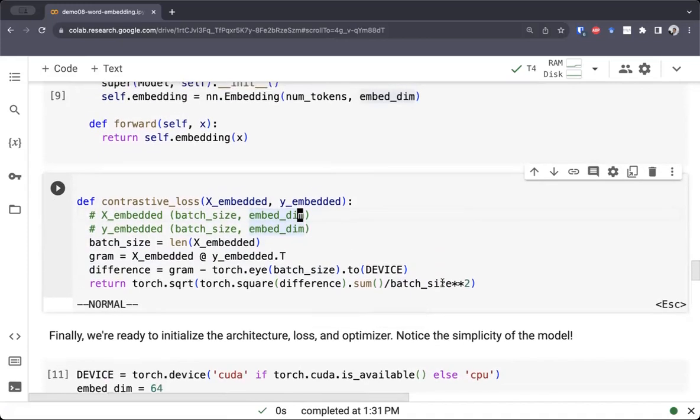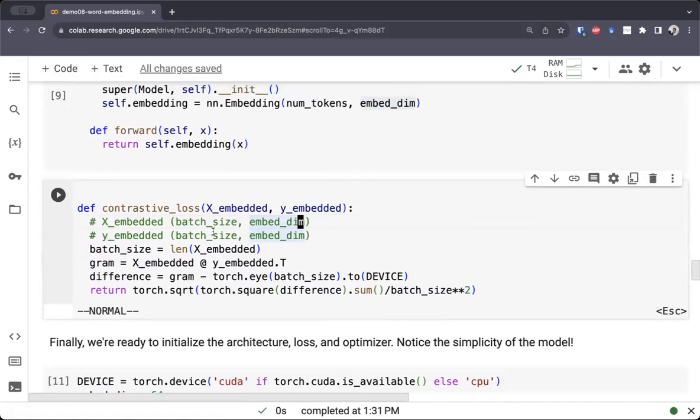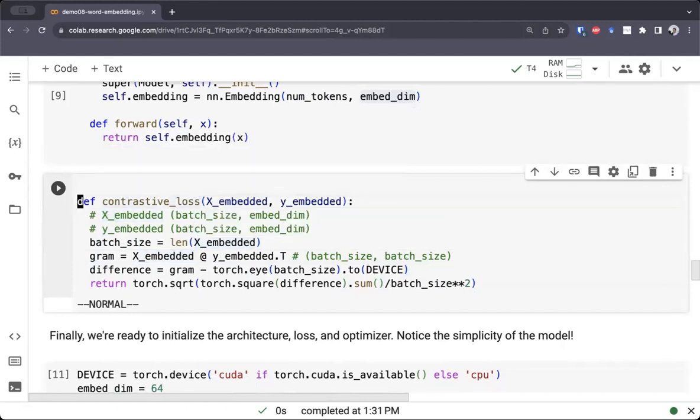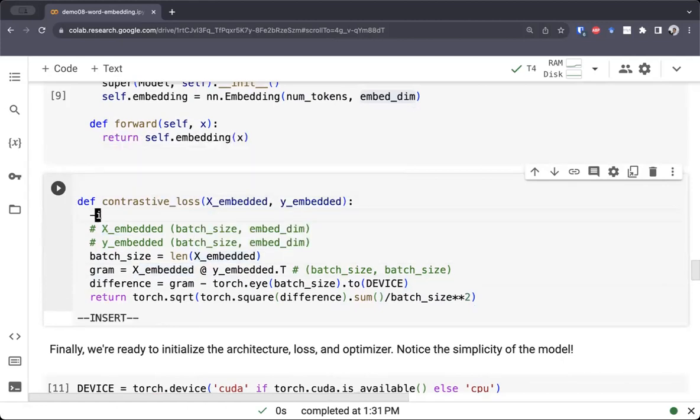Now, in order to compute the similarity between these, we're going to take the dot product of them. One way to do this at once for all of them is to compute what's called the gram matrix. This gram matrix, if you do dimensional analysis, will have dimension batch size by batch size. And the ith jth entry in this matrix will correspond to the inner product between the ith embedding and the jth embedding.